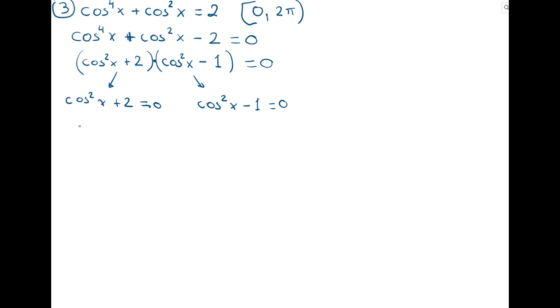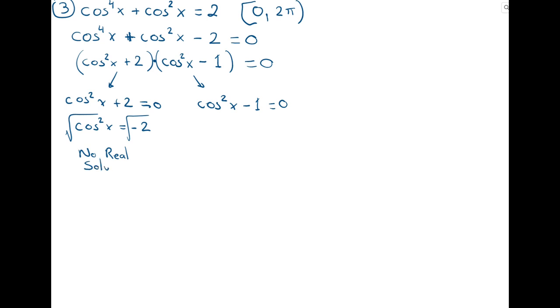Subtract 2 from both sides, and you're going to have cosine squared of x is equal to negative 2. And at that point, I can already stop, right? I am going to take a square root on both sides. This is going to end up being an imaginary number. So right here, I just want real number solutions for now. So we're going to say no real solutions for that one.